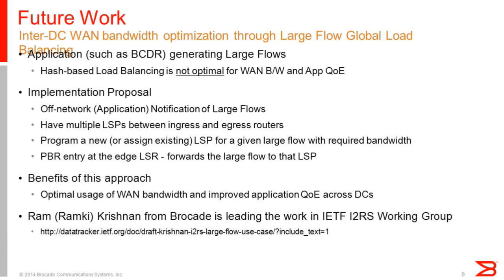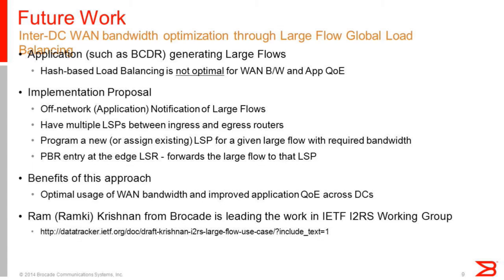Moving along, we have some of the future work that I would like to quickly talk about. The idea here is that applications such as backup, connectivity, and disaster recovery generate large flows. We have some implementation proposal which talks about the off-network application and notification of large flows.